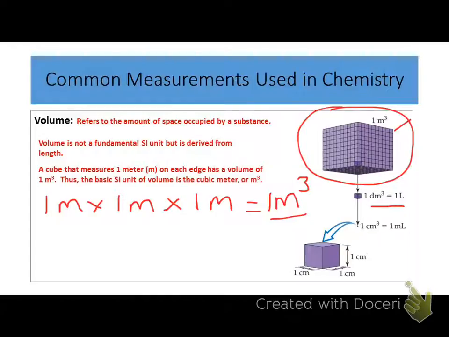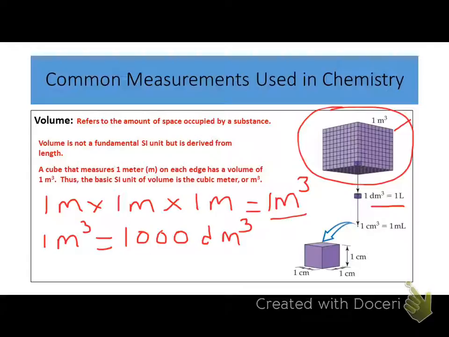And it turns out that one of those cubes is a cubic decimeter. So in other words, to make 1 cubic meter, it takes 1,000 cubic decimeters.